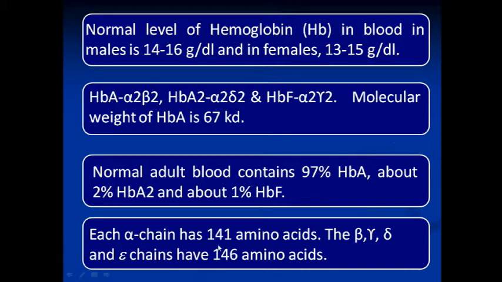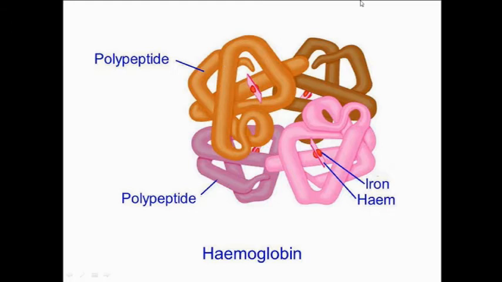Each alpha chain has 141 amino acids, and the beta, gamma, delta and epsilon chains have 146 amino acids. Here is a hypothetical hemoglobin with separate chains of different colors, 1, 2, 3, 4, and each hemoglobin molecule has four subunits.